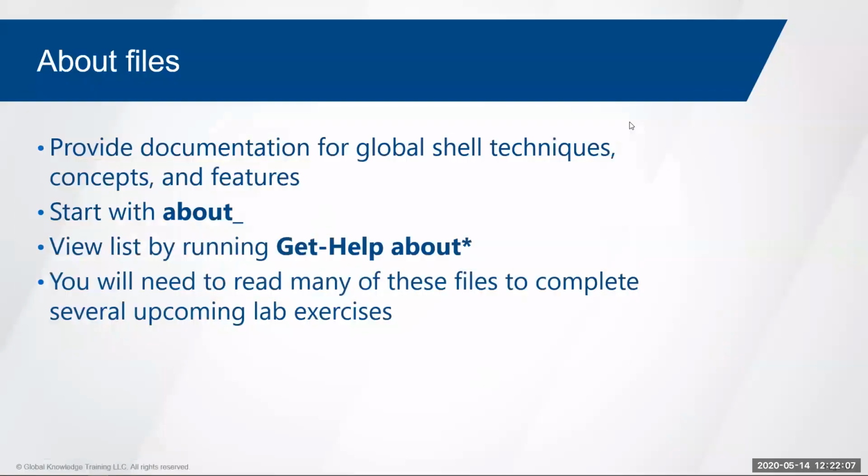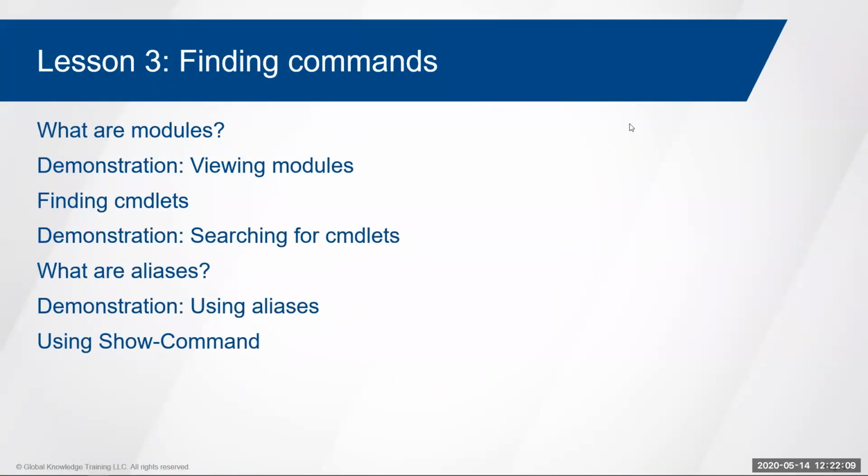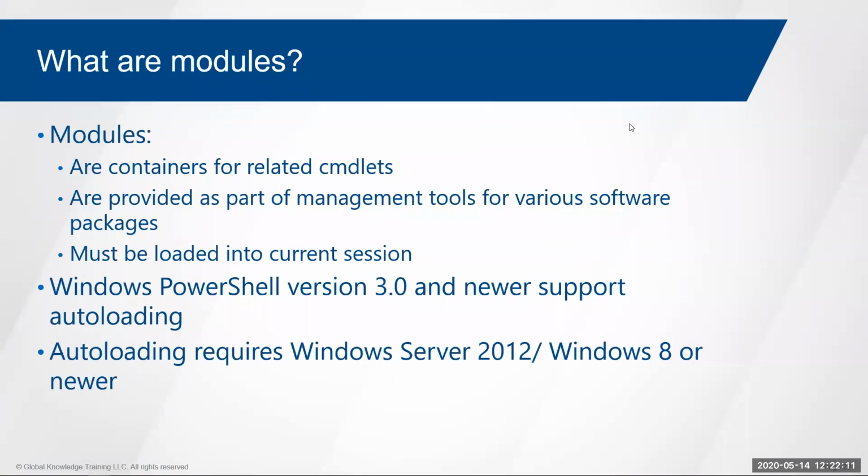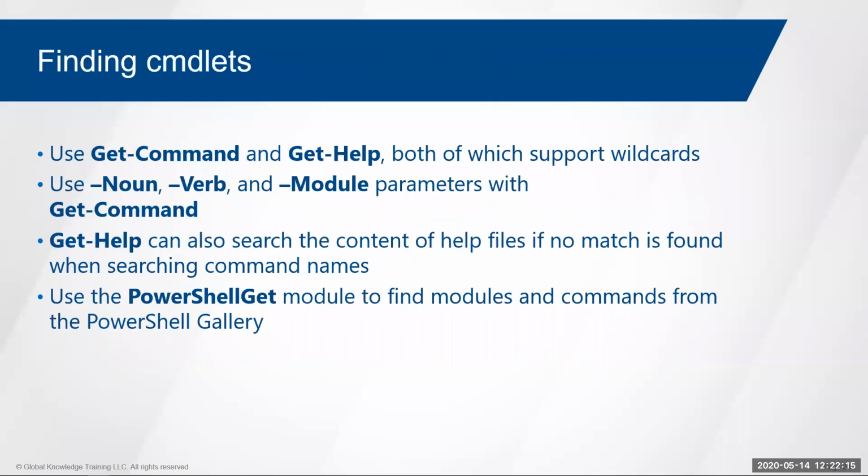Now, as we start to get into more advanced commands, we talked about modules and finding commands, as we looked at Get-Command, Get-Help, and also of course Get-Member, which is going to give you a lot of information about what these commands can do and what limitations they have.